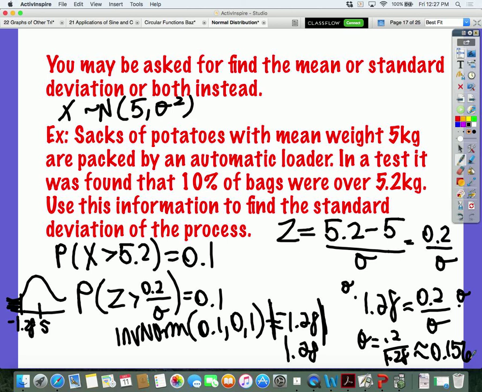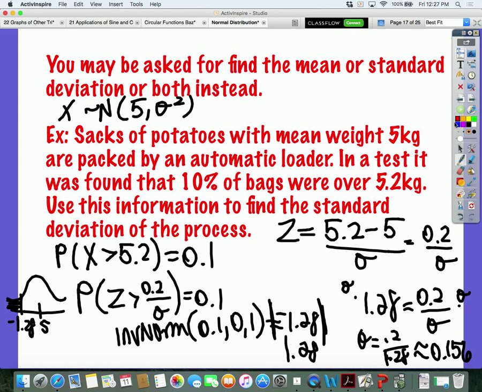Wait, I'm confused. Why did we do absolute value? Because we wanted the greater value. So we wanted the absolute value, we wanted the positive one over here. This could have also been figured out by using 0.9 instead of 0.1, because we were looking for the greater probability.